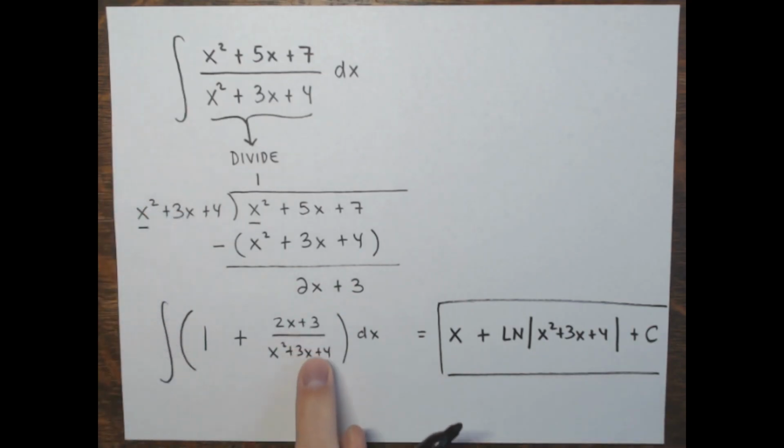Right. Now, if you wanted to do that integral separately and do the u sub, let u be the denominator, again, you would just end up with du over u, the natural log of the absolute value of u, and then put the x squared plus 3x plus 4 back in. So I'm writing this out in my assignment.